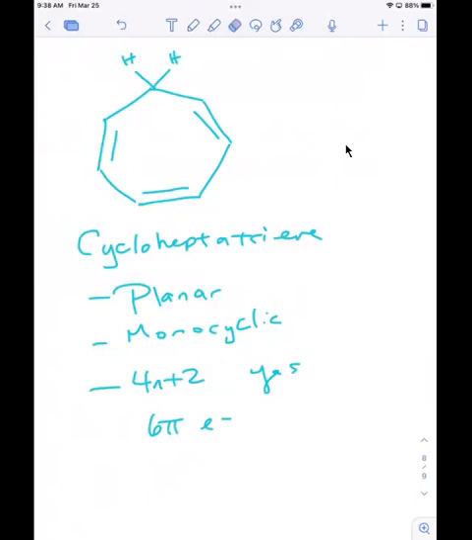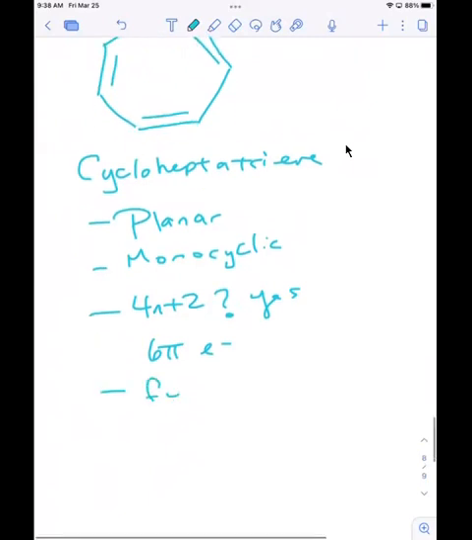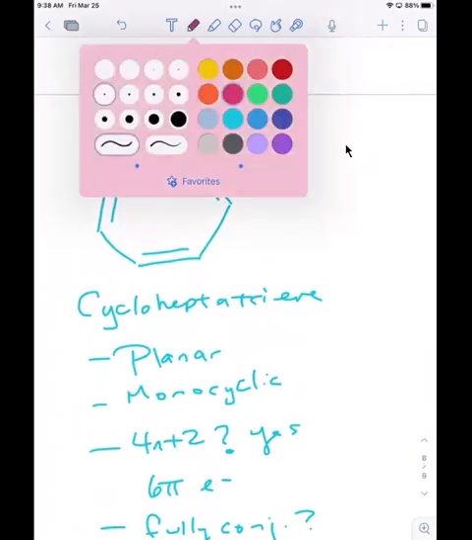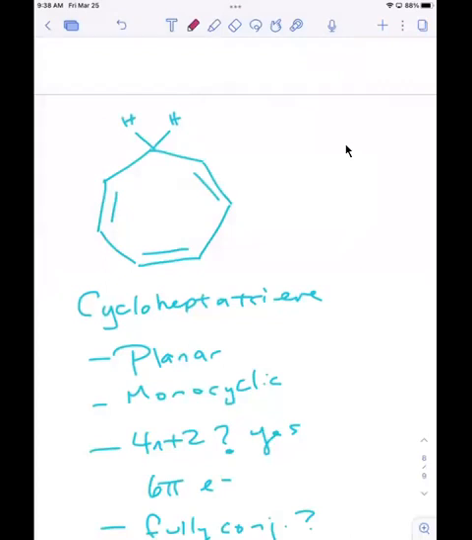The question is, is it fully conjugated? No, it's not. It has p orbitals on these carbons, but it does not have a p orbital here.